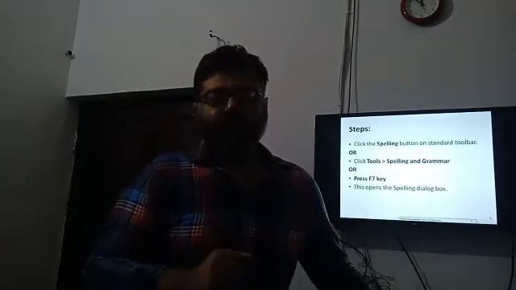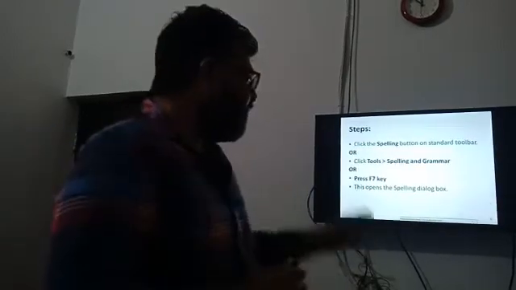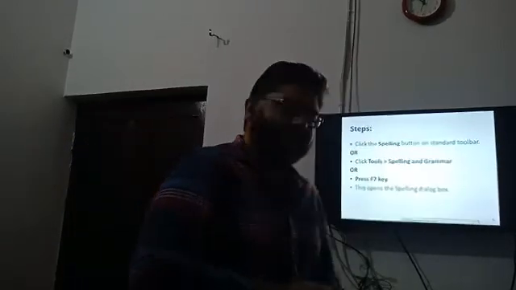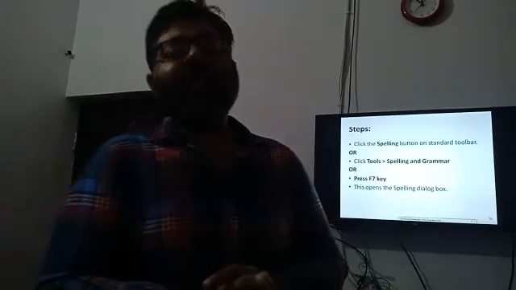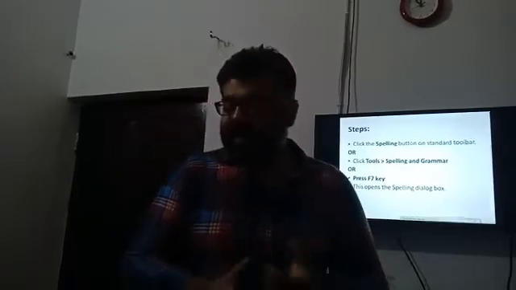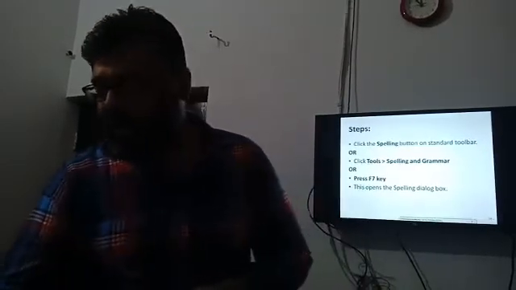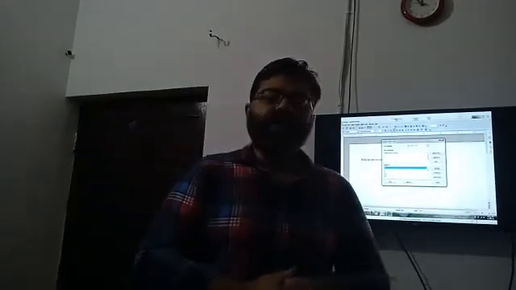Or we can go to the Tools menu and then click on the Spelling and Grammar check option. The other option is we can press the F7 key from the keyboard. Now we will see how the dialog box looks, which appears after doing all this.